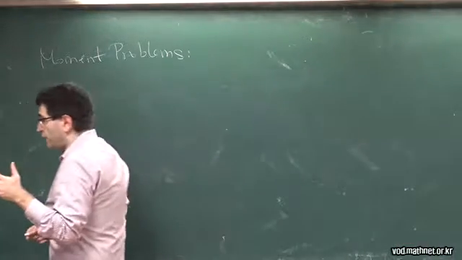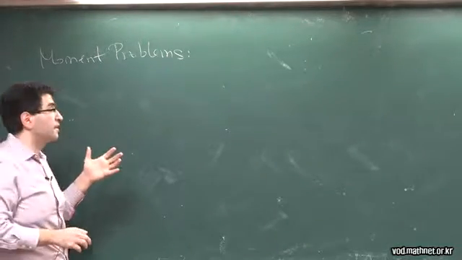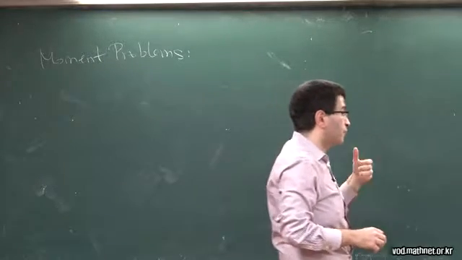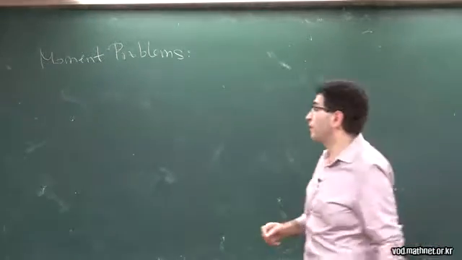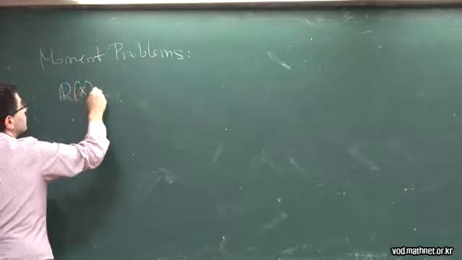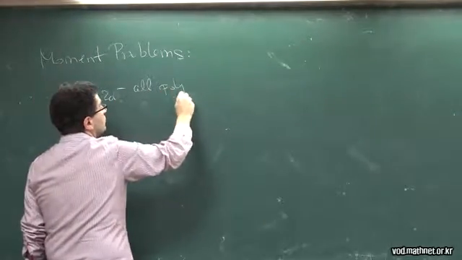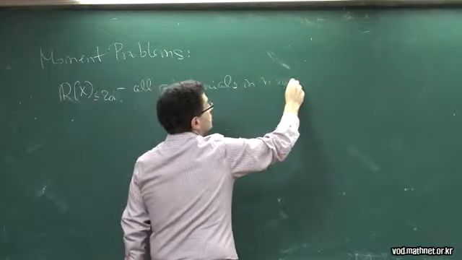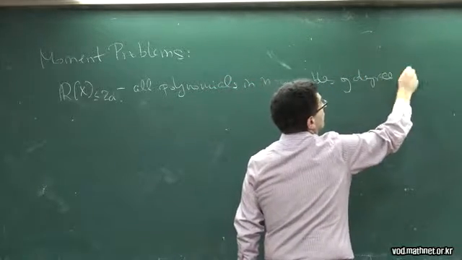Now I'm very sad that I'm going to have to switch, and work with non-homogeneous polynomials. So from now on, for a little while at least, I'm going to talk about polynomials that are not homogeneous. I'm going to write R[x] with degree at most 2d for all polynomials in n variables of degree at most 2d.